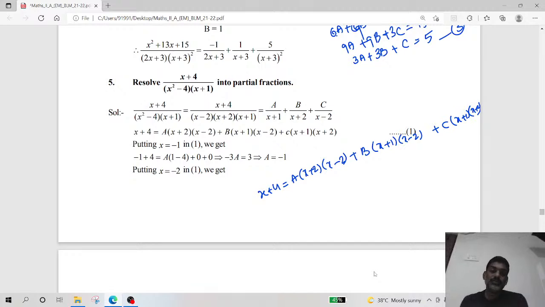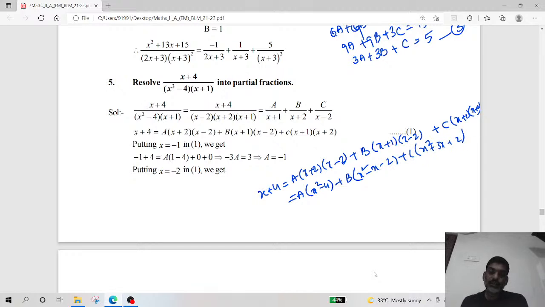Now we have 3 variables, so by placing x equal to something, or else by comparison, you can get them. If you want to simplify further: x plus 2 times x minus 2 is x squared minus 4, plus b times x squared minus 2x plus x minus 2, plus c times x squared plus 3x plus 2.